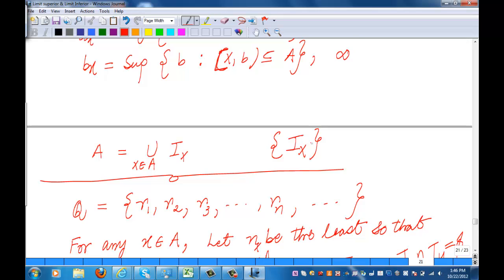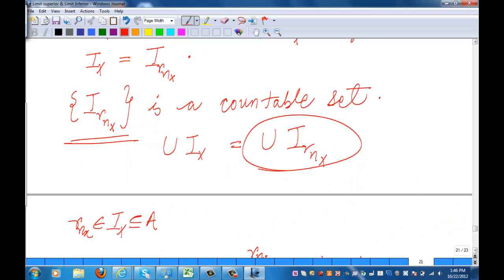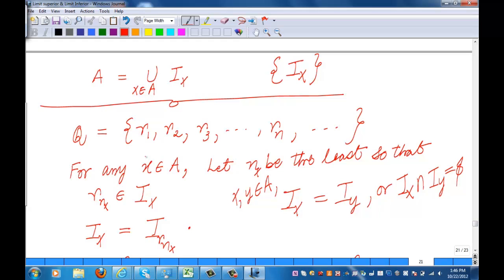I also don't know whether they are disjoint. In fact, they are not, because if Y is in Ix, then Iy and Ix are the same. So I want to come up with a countable set of disjoint intervals. Each Ix must contain some rational numbers, by the density theorem. Let's enumerate the rational numbers as R1, R2, R3, R4, and so on, an enumeration of all the rational numbers.